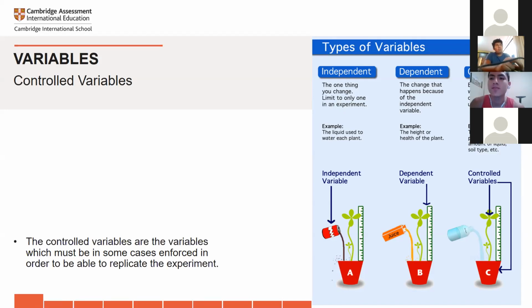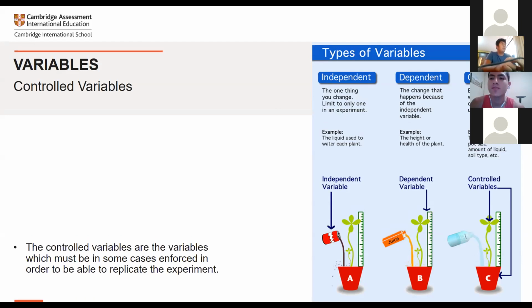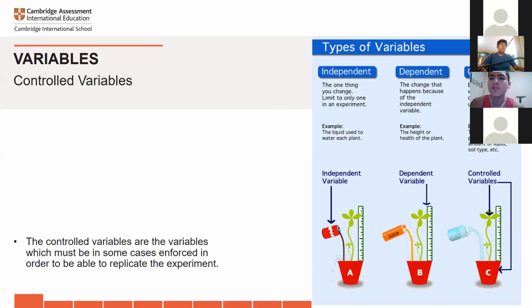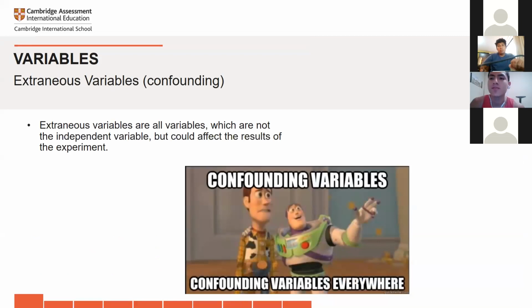So let's go. After we move on from the variables, wait. We have one more. Okay, the extraneous variable or the confounding, which may confound us as well.